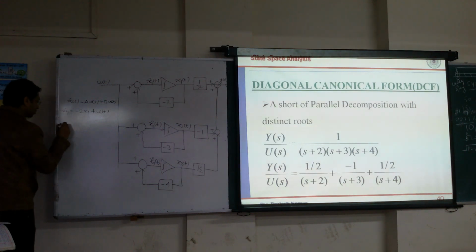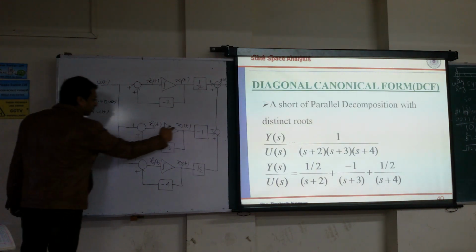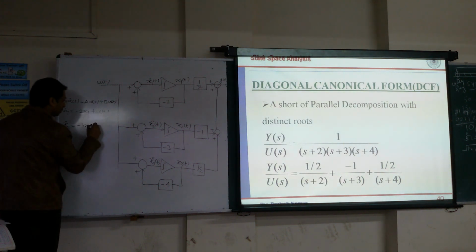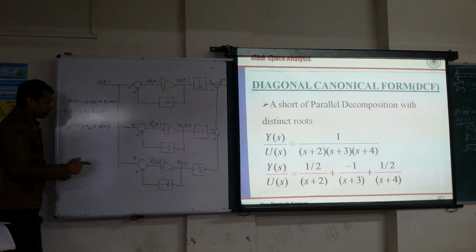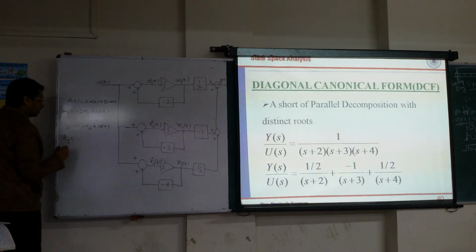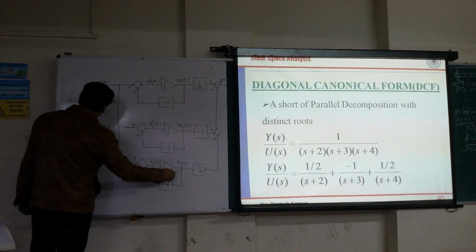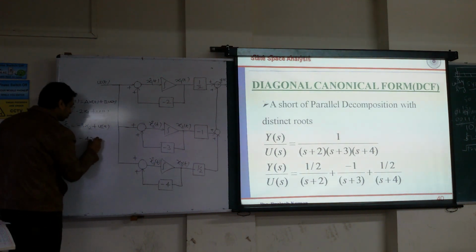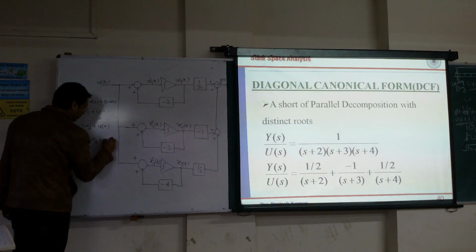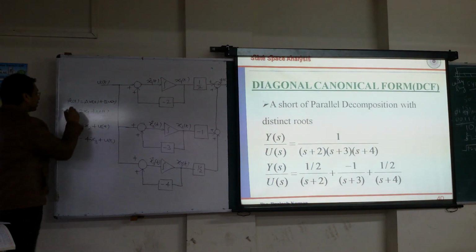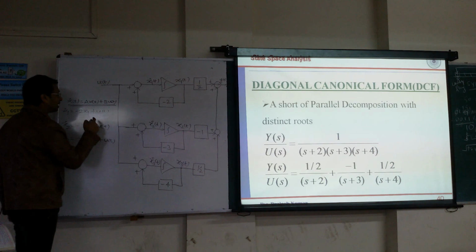Correct? x2 dot will be equal to minus 3 of x2 plus u(t). And in a similar way, you will get x3 dot equal to minus 4 of x3 plus u(t). These are your three equations, which we are going to arrange in this particular form.